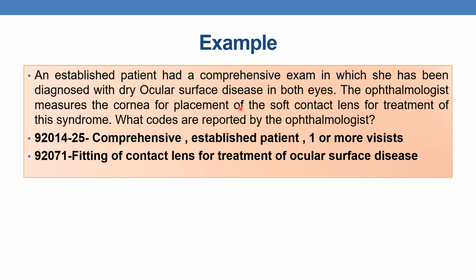Here, the ophthalmologist is fitting the contact lens for the treatment of this syndrome, which is dry ocular surface disease. Modifier 25 is used to indicate that a separately identifiable procedure has been performed on the same day. So, 92014 along with modifier 25 and 92071 are the appropriate CPTs for this scenario.